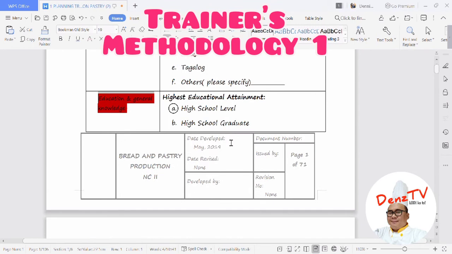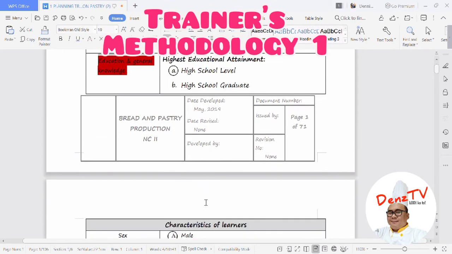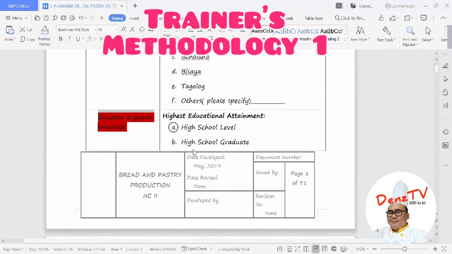So be sure to include it here. What does education and general knowledge mean to the plan?